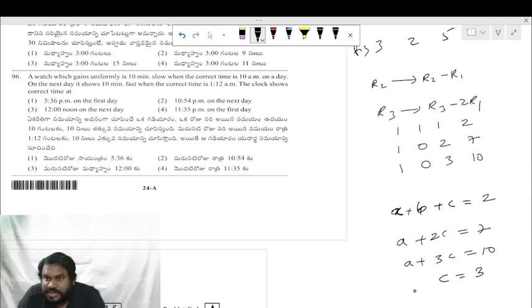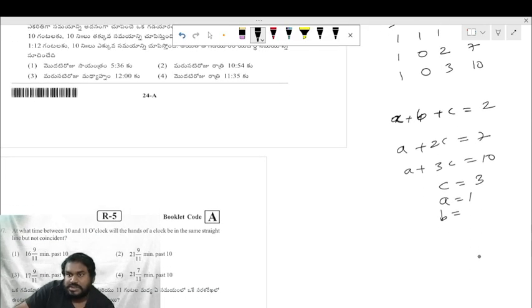The same way, put the c value in either of these two. 2 into 3, 6. So a is equal to 1 you will get. Once you get 3 and 1 as c and a values, then b is equal to 2 minus 4. 2 minus 4 is minus 2.